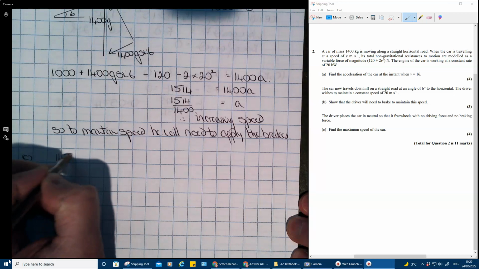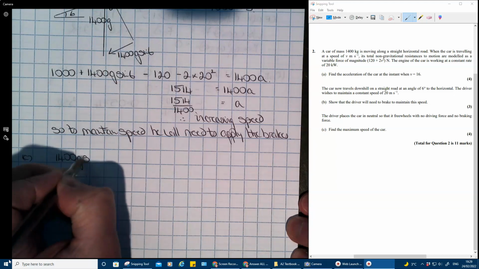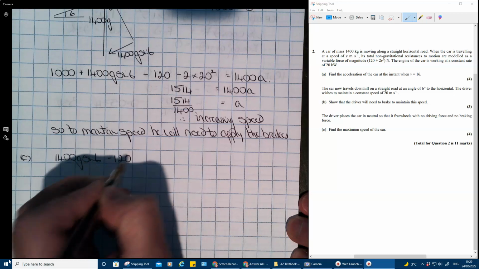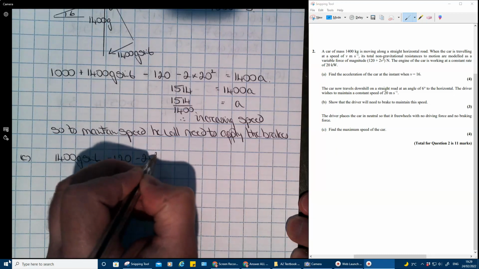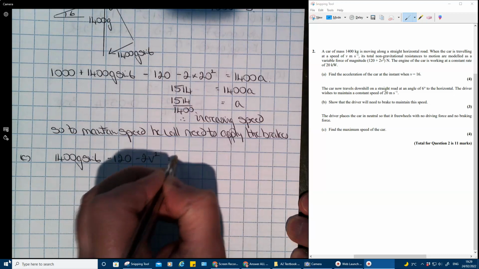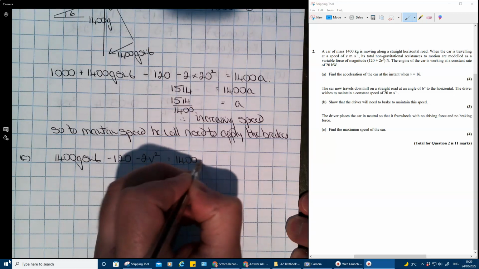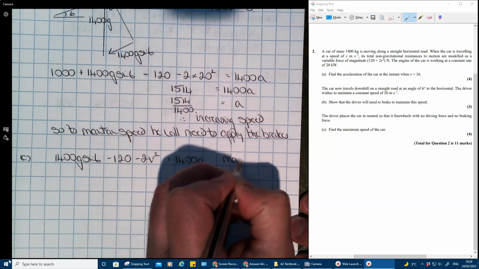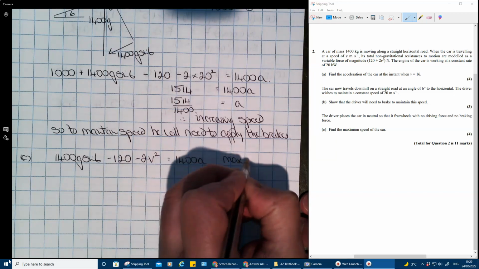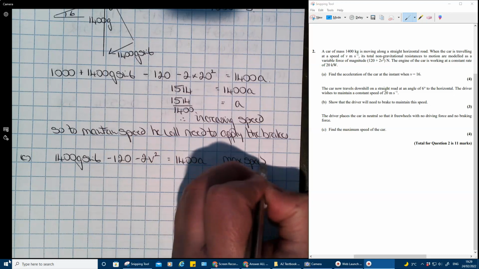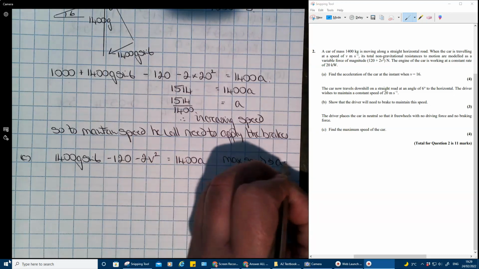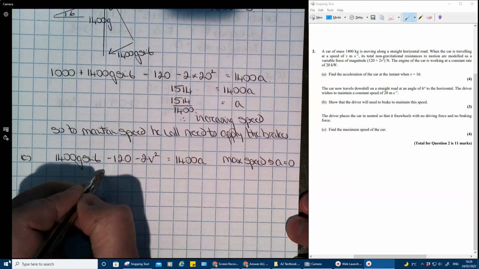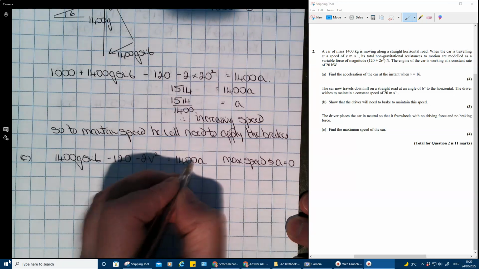1400 g sine 6, take away the 120, take away the 2v squared equals mass times acceleration. So maximum speed implies A equals 0. So we rearrange that to make that 0.